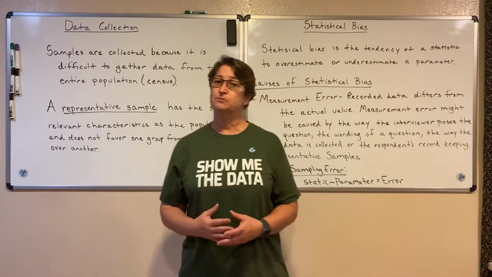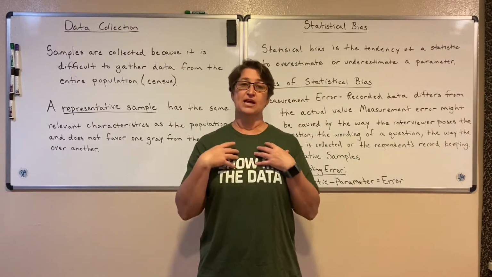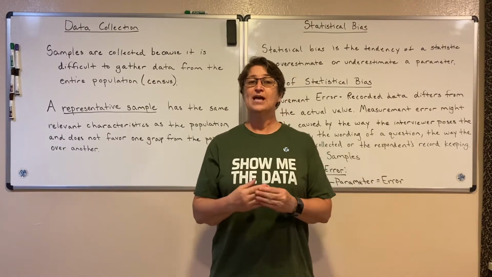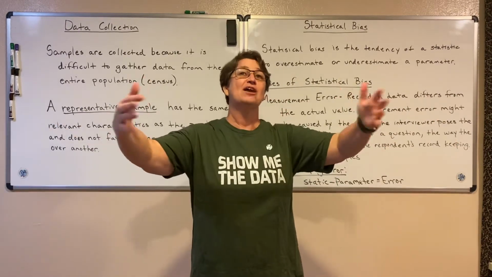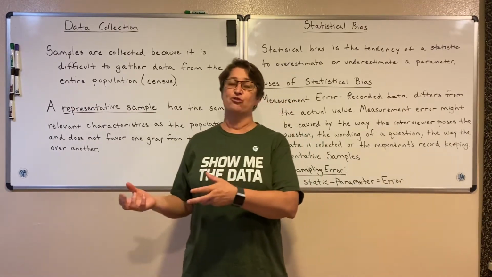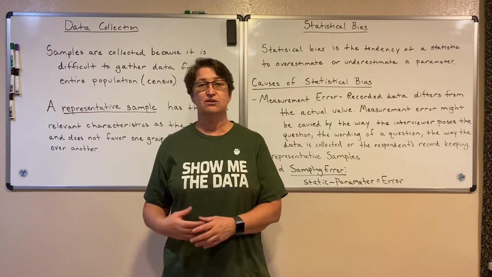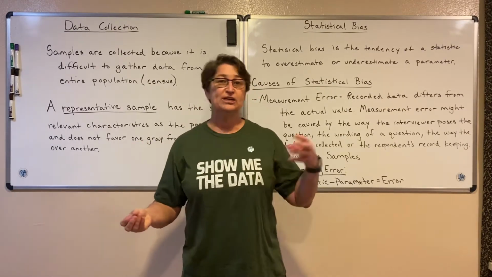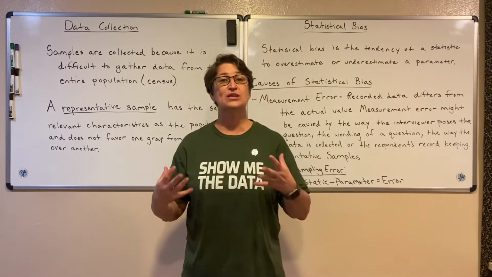So for instance, if I was interested in pecan trees in my orchard, I don't want to go out and collect data from the entire orchard. It would take me too much time. So instead, I just gather data from some of my trees. But I need to make sure that I'm gathering data from some trees from each area, or trees that look alike.